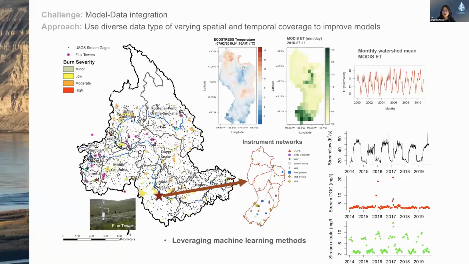So we plan to use a lot of machine learning methods to help us integrate the information in our model and in our data. Eventually, we build a great model for understanding the river corridor biogeochemistry.